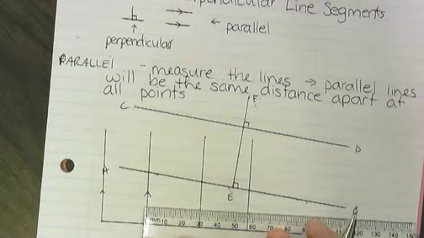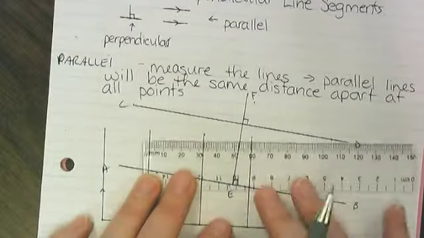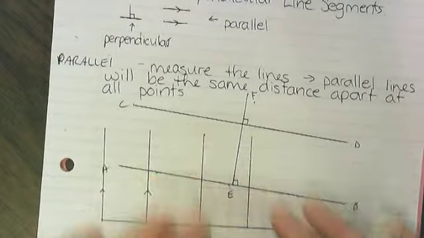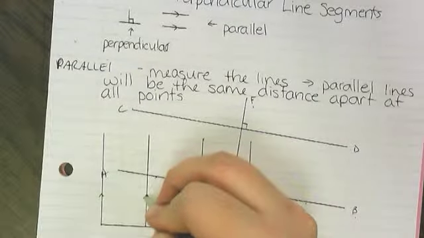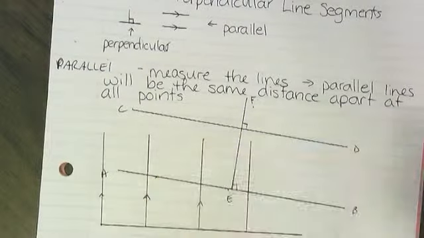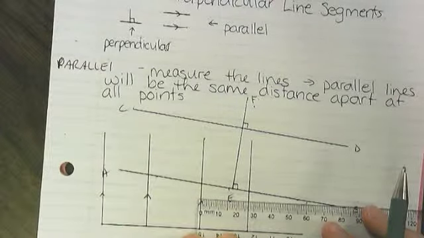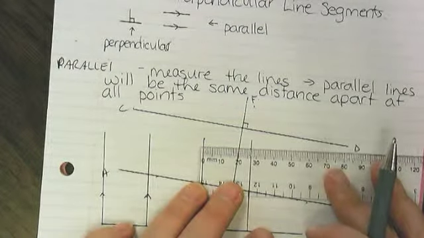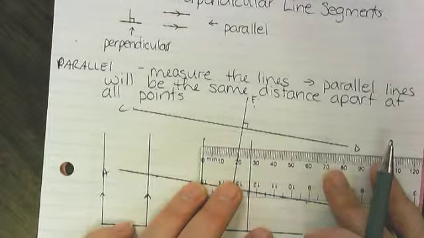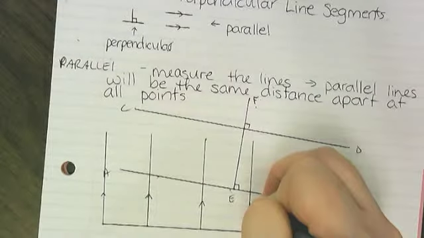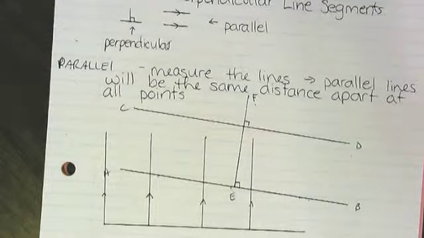These lines, on this side it's 30 millimeters, and on this side it's 30 millimeters, so that line is parallel to this line, which means that it is also parallel to this line. And this line is 27 millimeters there, and 27 millimeters there, so that line is parallel to all of them.